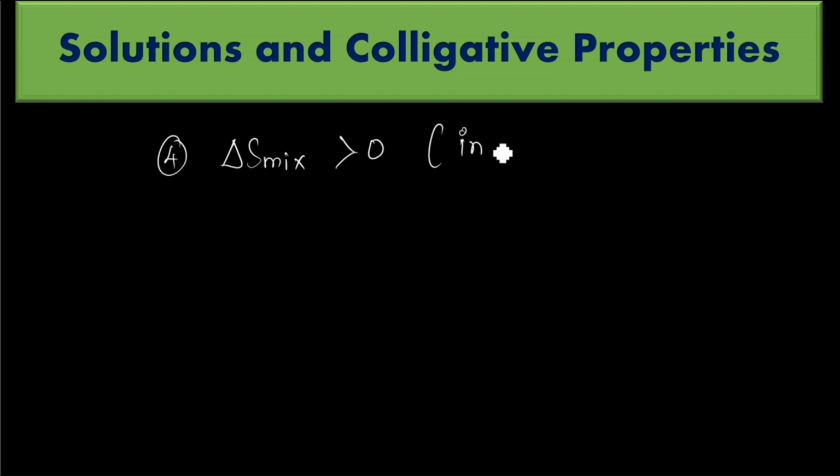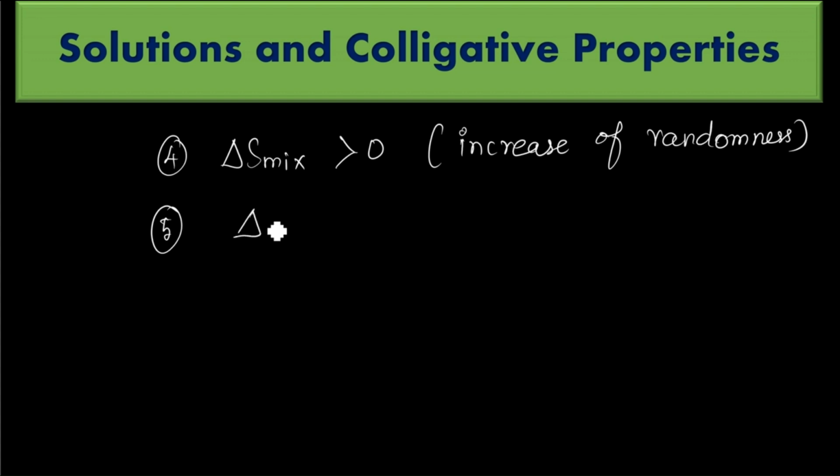It should indicate the increase of randomness. Since it is a spontaneous process, we have positive entropy, right? Then Gibbs free energy change, delta G mix, must be less than 0. Then only it becomes spontaneous.